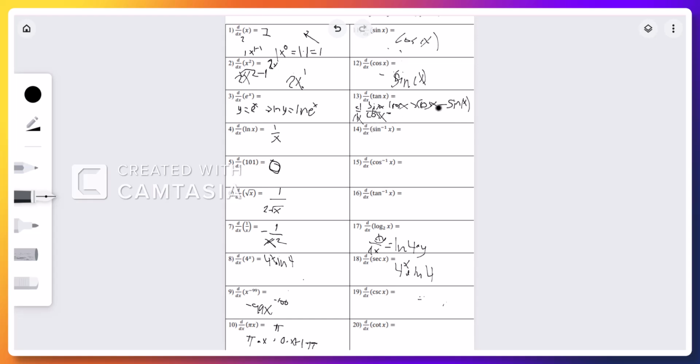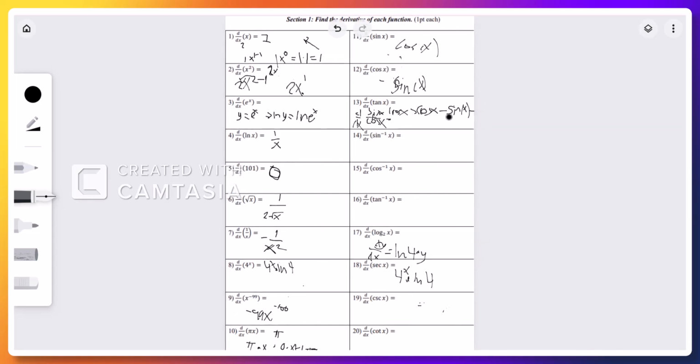And the derivative of cosine is going to be negative sine. So we know that cosine is going to be multiplied by itself, so it's going to be cosine squared minus sine x squared.